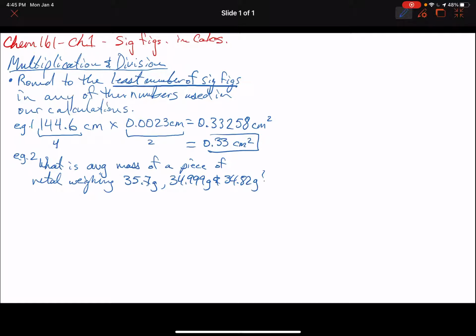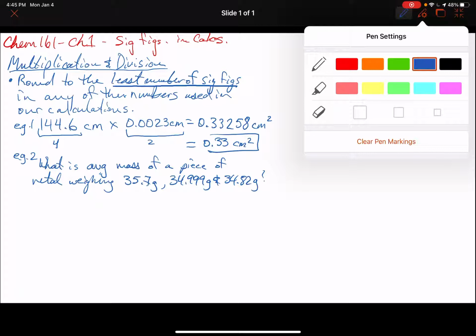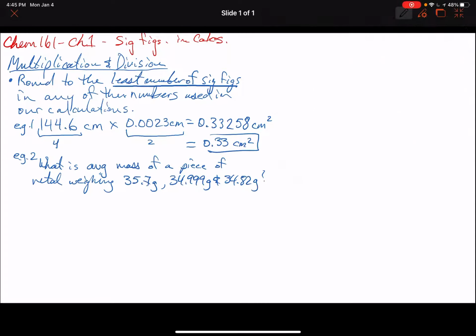So to help us out on this, let's look at the next rule, and that's for addition and subtraction.